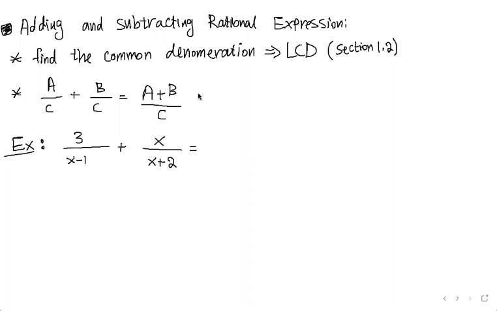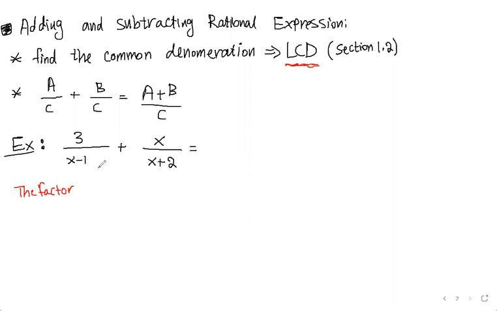We can cross multiply, or we can use the least common denominator. Look at the first fraction, take the denominator, and ask yourself for the factor.